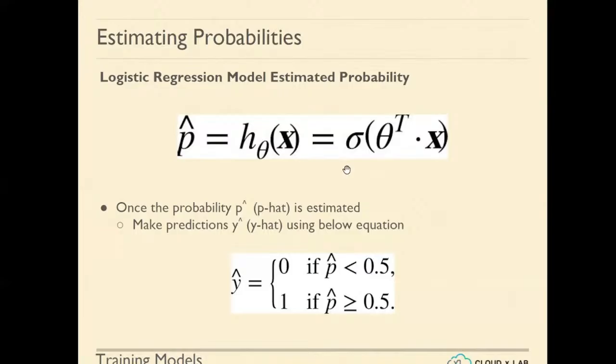In case of linear regression, we will use theta transpose x to make the predictions. In logistic regression, we will use this equation: P hat is equal to sigma of theta transpose x, right? If P hat is greater than 0.5, which means positive class label 1, else label 0, right?